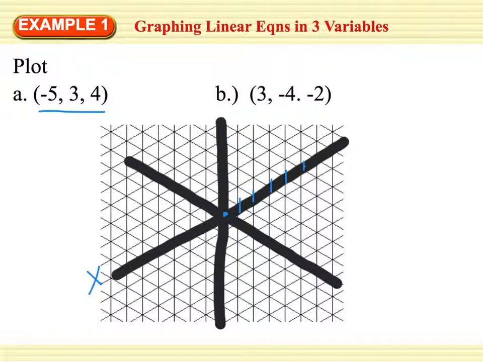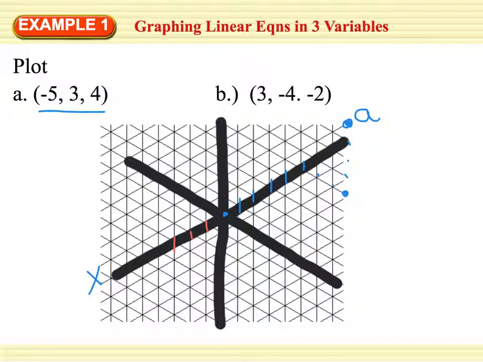I'm going to go 3 in the positive y direction, so 1, 2, 3, which puts me here, and then I have to go up 4. 1, 2, 3, and in this case it's going to put me right up here. So this here is point A. For point B, I'm going to go 3 in the positive x direction, so 1, 2, 3, -4 in the y, or back in the y direction.